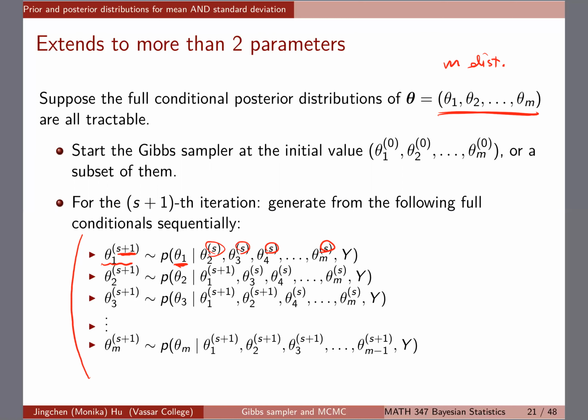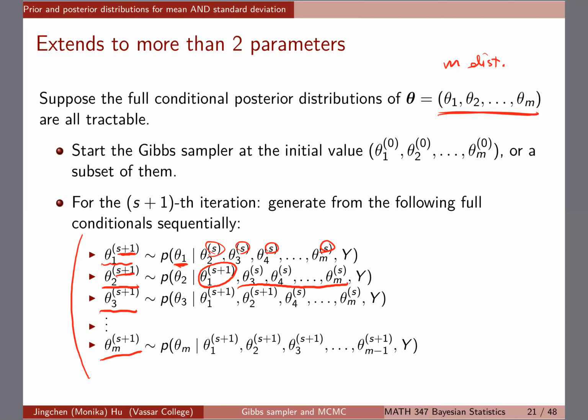Then when I go to theta 2 at s+1, I just drew theta 1 at s+1, but the others are still from the previous iteration, so I have to make sure I plug in the new value. That's what we did just now with the 2 parameter case. You do that for theta 3, and so on up to theta m, and in the end, after this iteration, you have a set of m parameter values. If you do it in a function, you just have different chunks.